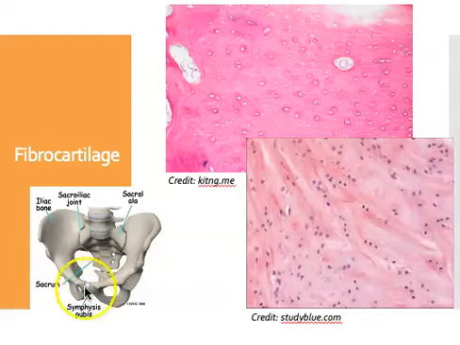The pubic symphysis softens up in women who are in the process of labor and delivery. It softens and stretches and relaxes under the influence of hormones, and that allows for some flexibility in the pelvis as the baby is delivered.